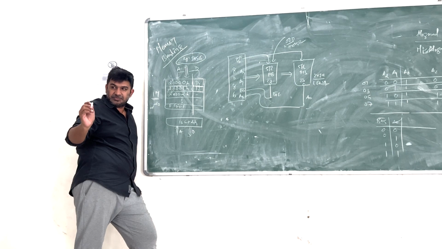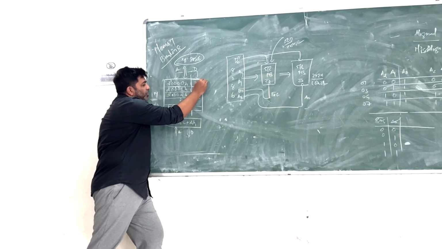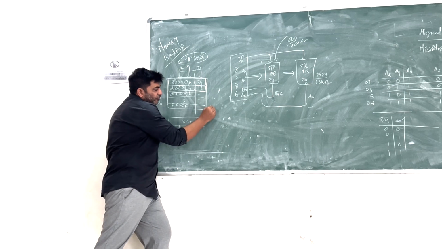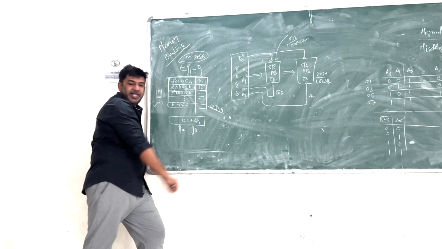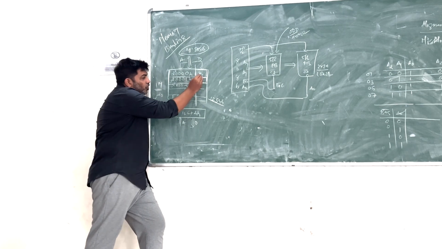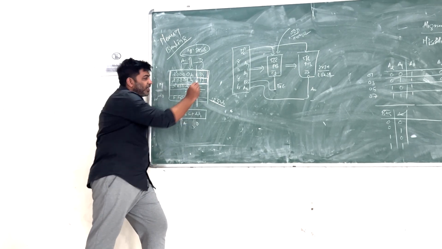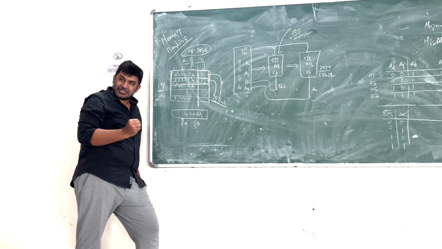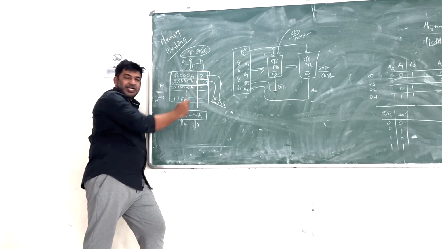If I want to read this 16-bit data, what is this data? This is actually 1234H. Why is it so? Lower byte is stored at the lower address, higher byte at the higher address. 12 is your higher byte, 34 is your lower byte. Linear in structure. This is how your data gets stored.